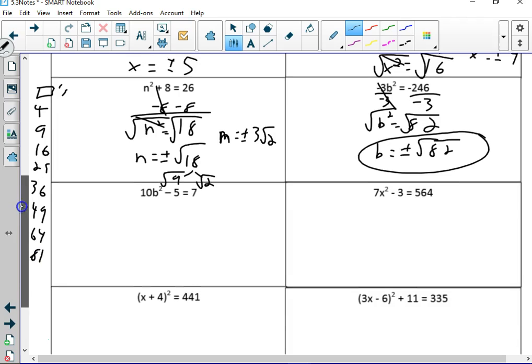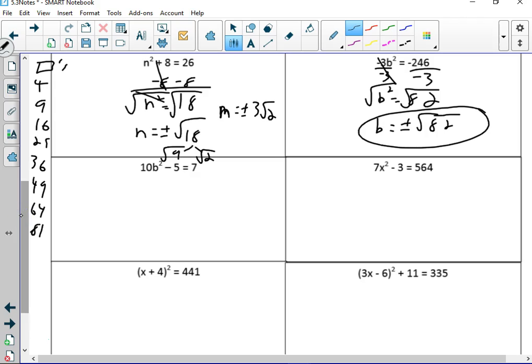Okay? Next one, same way we're going to start it. We're going to add 5 to both sides. 10b squared equals 12. I forgot to show plus 5 plus 5. We're going to divide by 10.